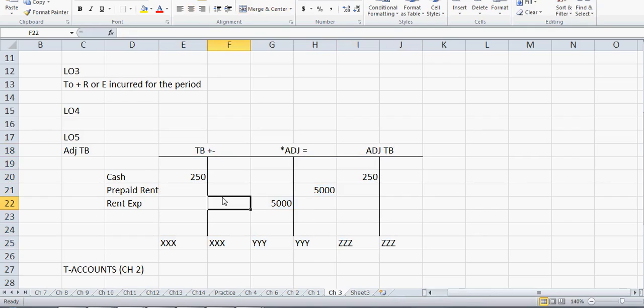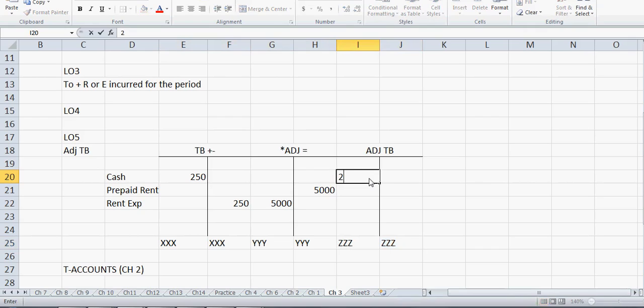Let's just look at an example. This isn't the same as the example I gave you, but I just want to show you a sample. Again, with my trial balance, my total should equal here. These two numbers will equal, these two numbers will equal, and these two numbers should equal. So I have cash.